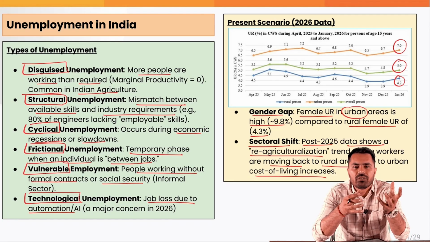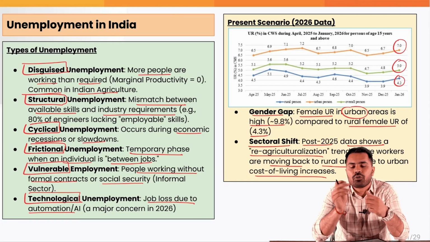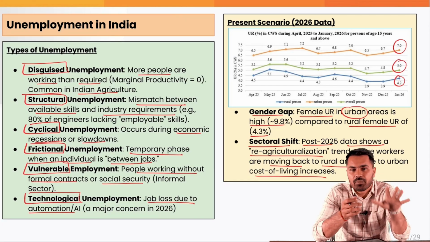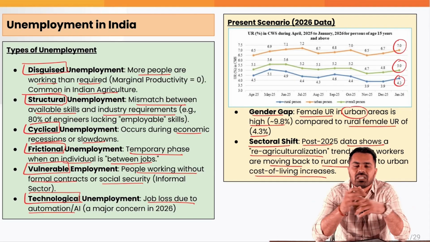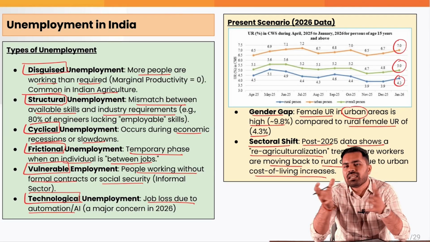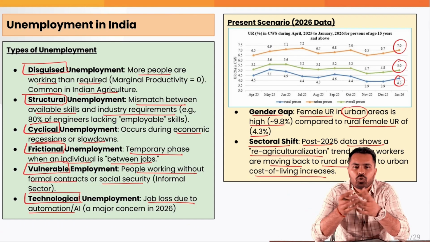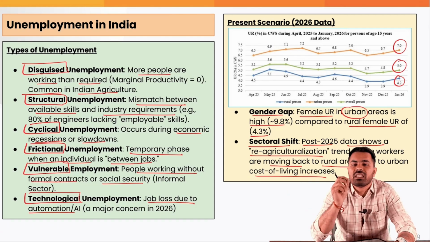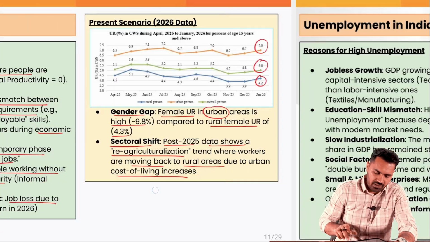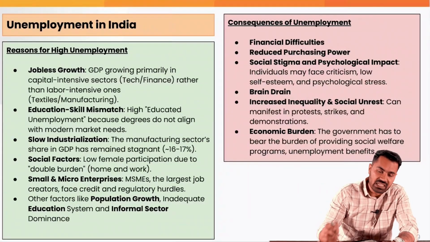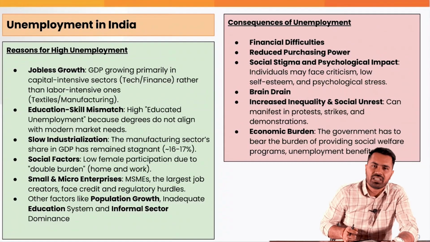So the purchasing power of money has reduced, the cost of living has increased, but the salaries have not increased proportionately. The salaries have remained the same, but the expenses have increased. So in this situation, a lot of people migrated back to the rural areas to do agriculture, and this trend is called re-agriculturization.